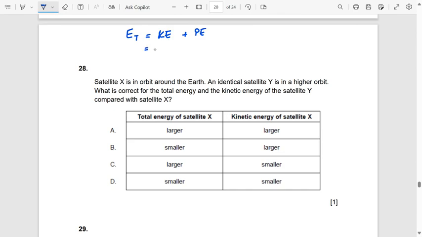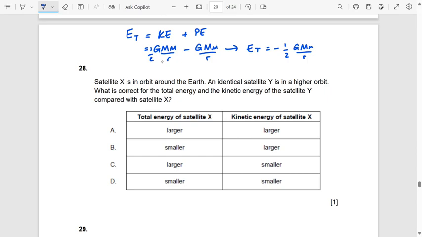The kinetic energy is actually GMm over 2r, and the potential energy is negative GMm over r, which means that the total energy of a satellite is, I know it's weird, minus half GMm over r. That half has come from here. Let me show you it like that.